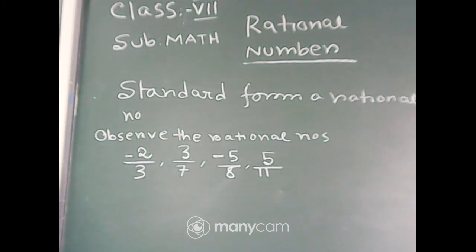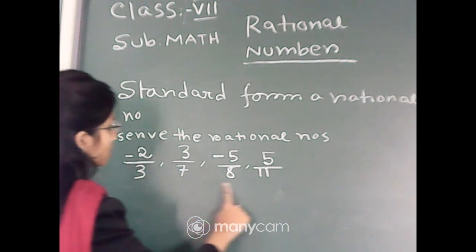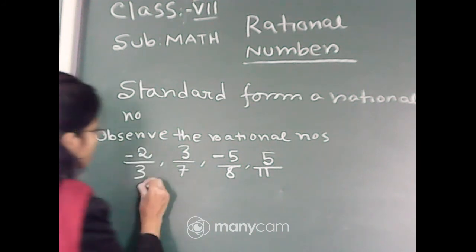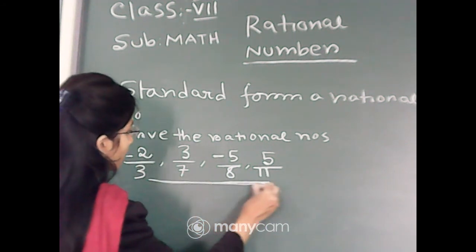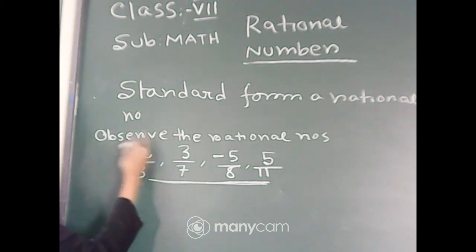Here we see that the denominators are positive, and 1 is the only common factor between the numerator and the denominator. The negative sign occurs only in the numerator.